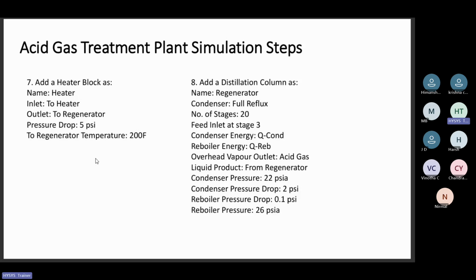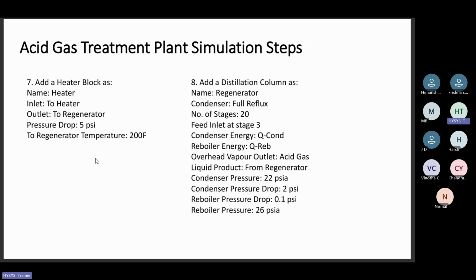Then in the last part of this first, without recycle part, we will be using a distillation column and we will be calling it a regenerator column. And these are the specifications that are given for that distillation column. I will request you to take a screenshot of this as well.